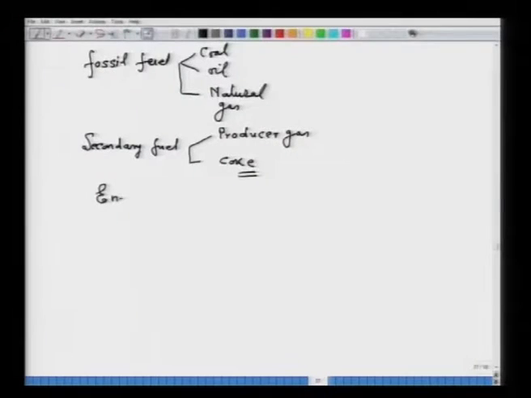So, in all these fuels, whether fossil fuel or secondary fuel, the energy is obtained by combustion. Now, in all fuel we have combustible components and we have diluents.